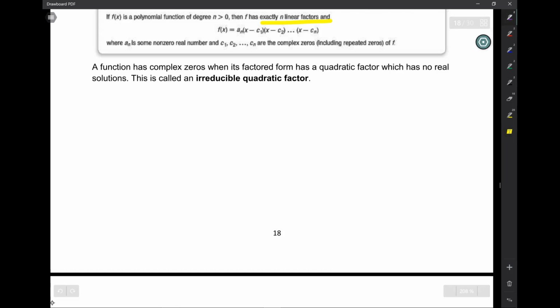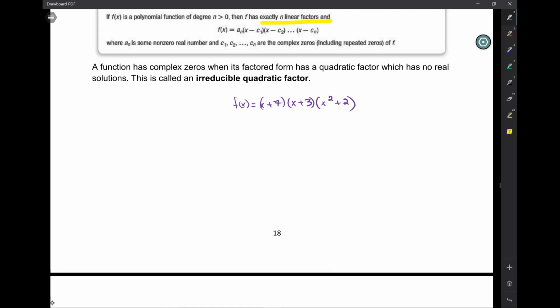So suppose you have a function and you factor it and you get x plus 7, x plus 3, and then x squared plus 2, right? What's the degree of this function? 4. Right? Because you multiply all these. Degree is 4. How many solutions is it supposed to have? 4. How many real solutions does this have? 2.